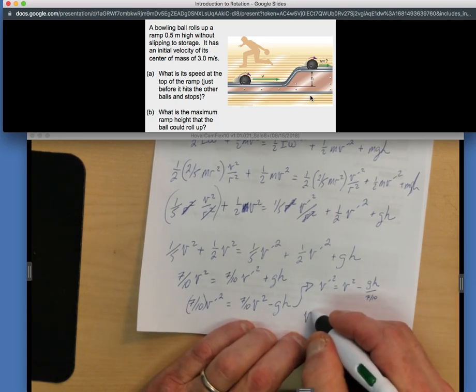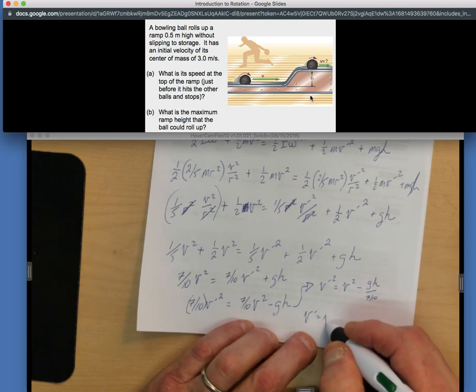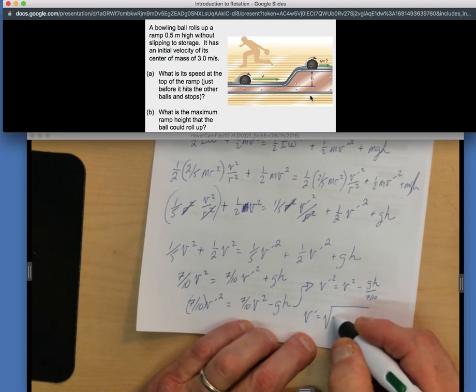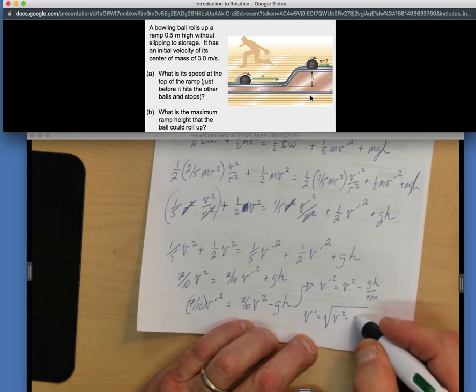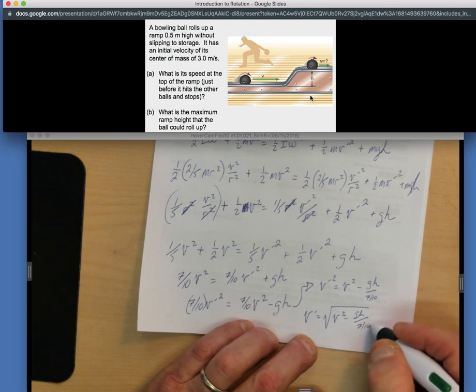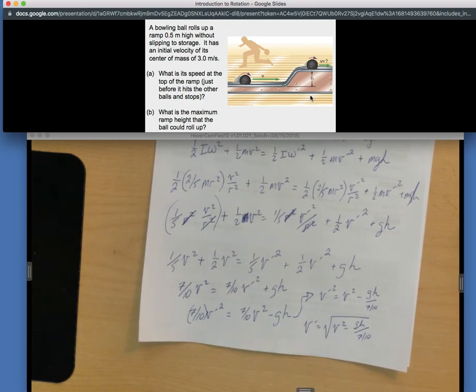Or, better yet, v prime equals the root of v squared minus gh over 7/10. But let's just multiply by the reciprocal, so we don't have to look at it like that.